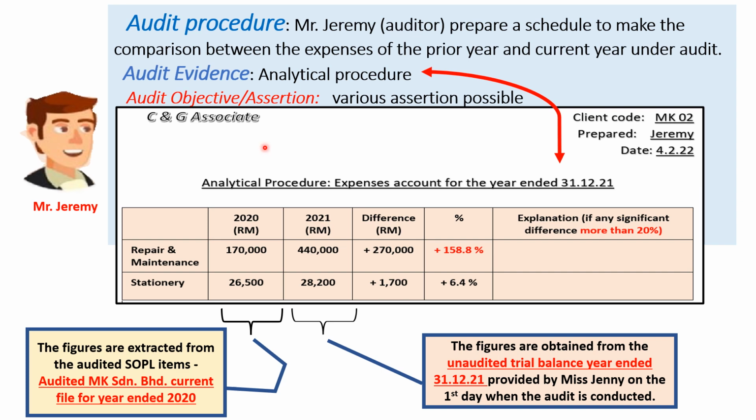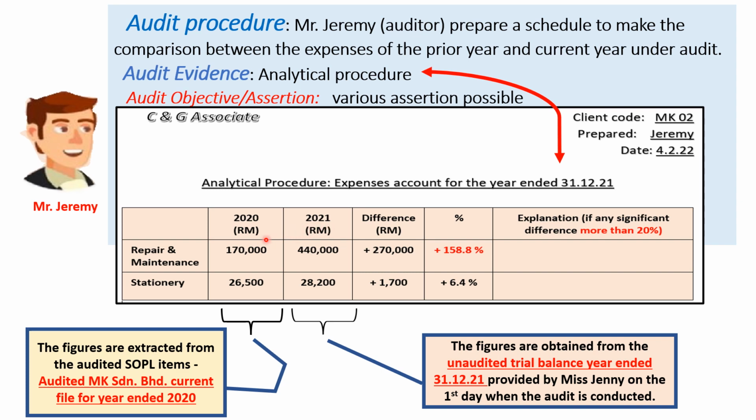One of the efficient audit procedures to be conducted on the expenses, in this case repair and maintenance, is for the auditor to prepare a schedule to make a comparison between the expenses of the prior year, which is 2020, and the current year under audit, 2021.